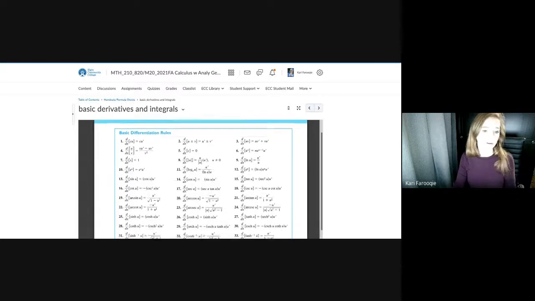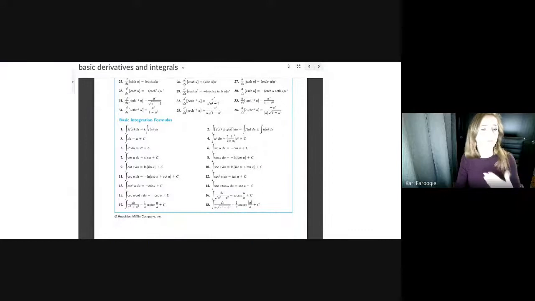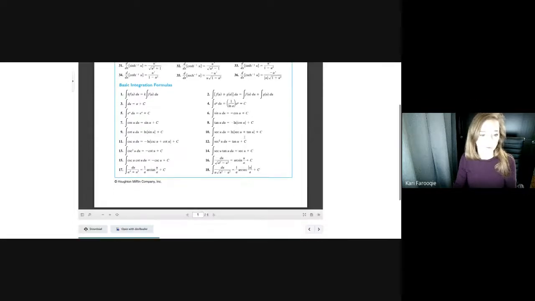This is not a very comprehensive list. It's just the basic ones that you're allowed to use formulas for. Anything else, we would be using some sort of integration process that you learned in this section. But these are just the basic ones, and then basic derivatives.